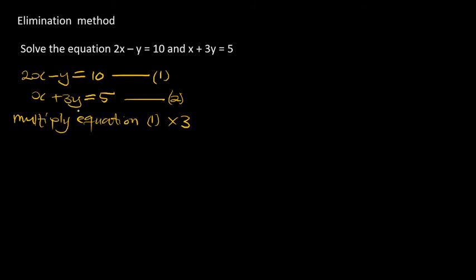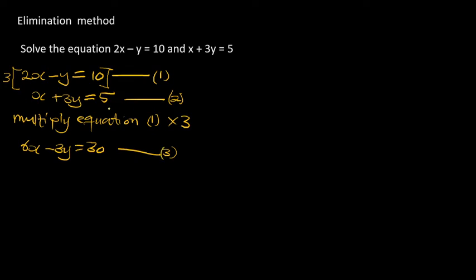We have our equation 1, multiplied by 3. 3 times 2 will give us 6x, and then 3 times negative y will give us minus 3y, and 3 times 10 is going to give us 30. So that is our new equation, and I'm going to call this equation 3.